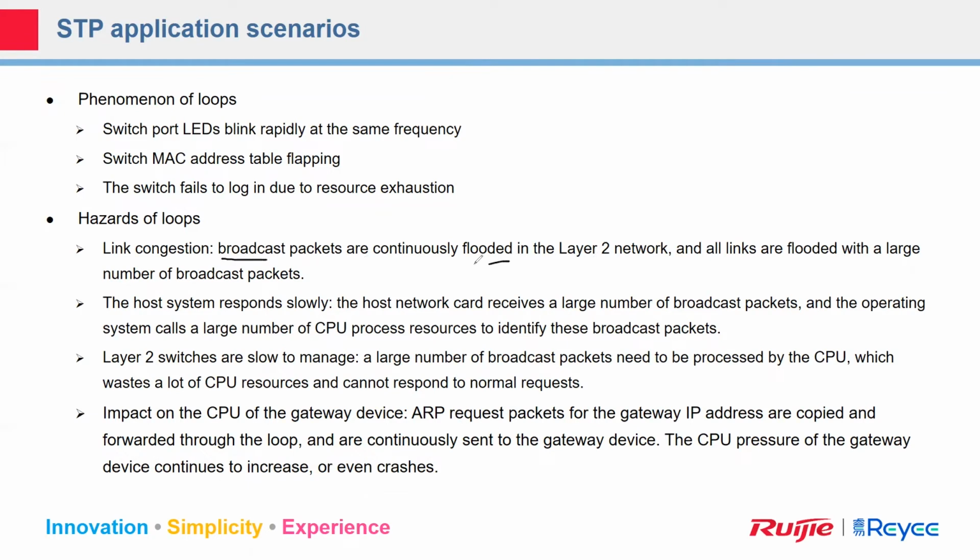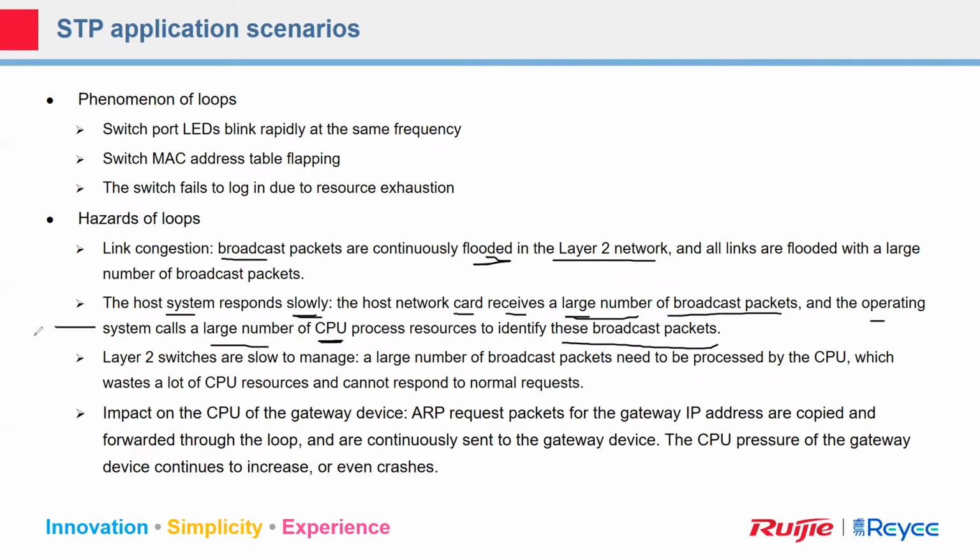The flooding of layer 2 networks inside your local area networks. The host system responds slowly. The host network card receives a large number of broadcast packets, and the operating system calls a large number of CPU processors to identify these broadcast packets.